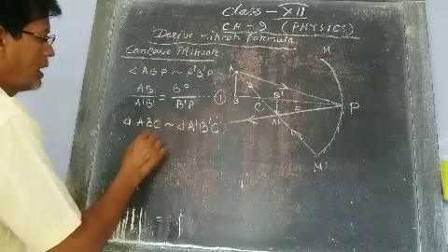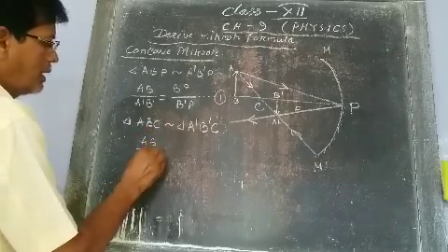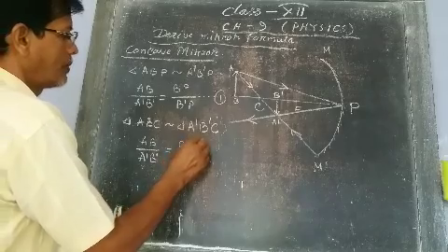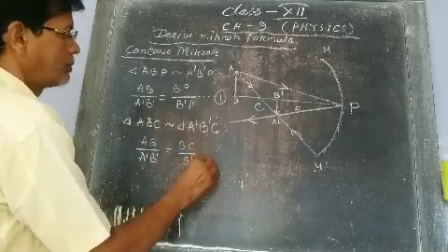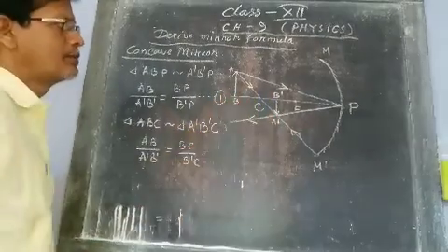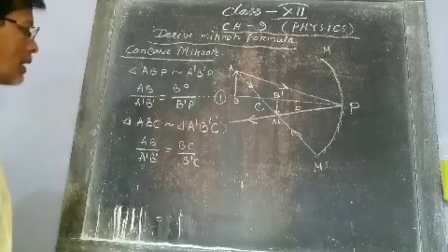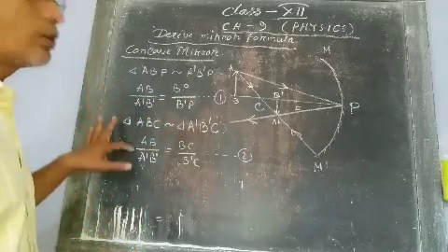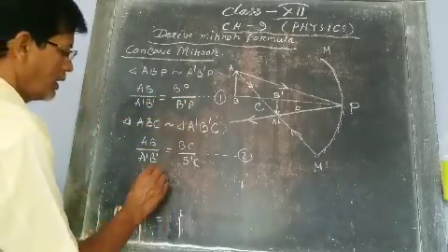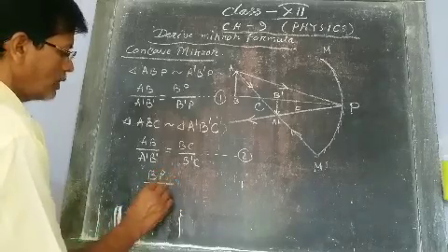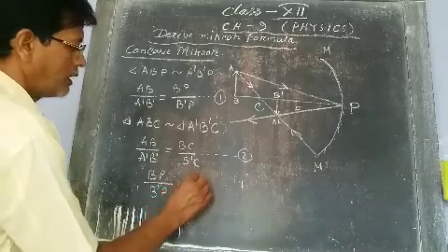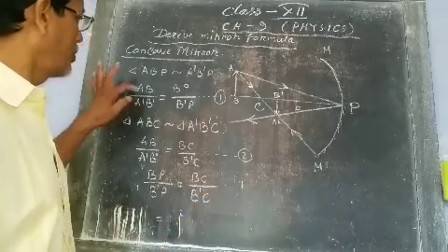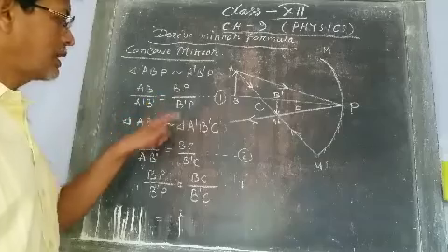So we get AB by A dash B dash equals BC by B dash C. Now from these two equations, the left side is equal, so the right side is equal. So BP by B dash P equals BC by B dash C. Clear? Left side equal, so right side equal.